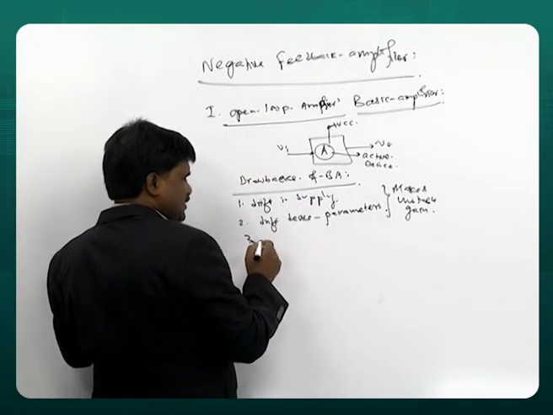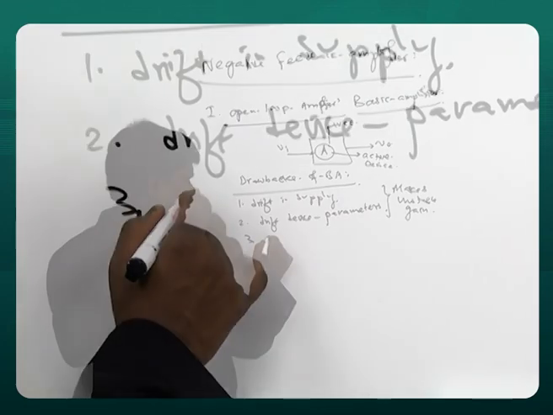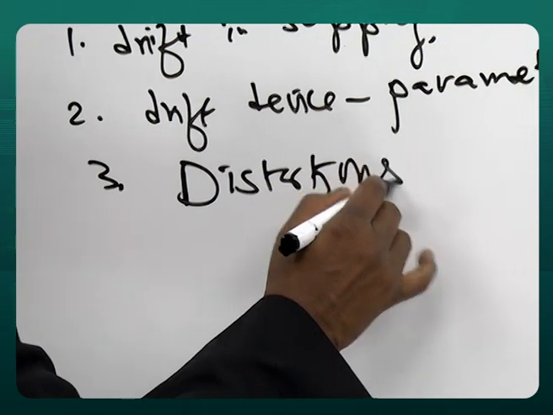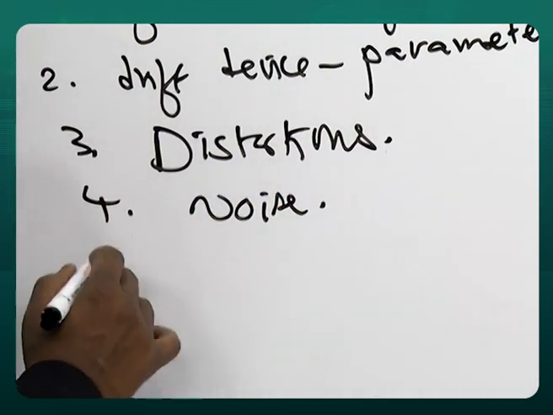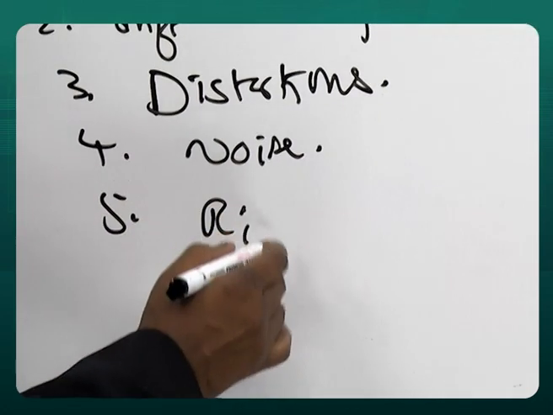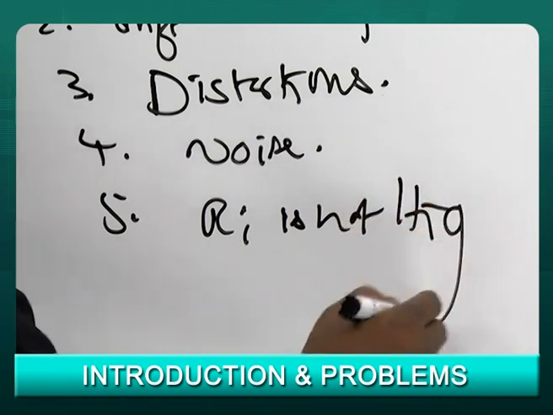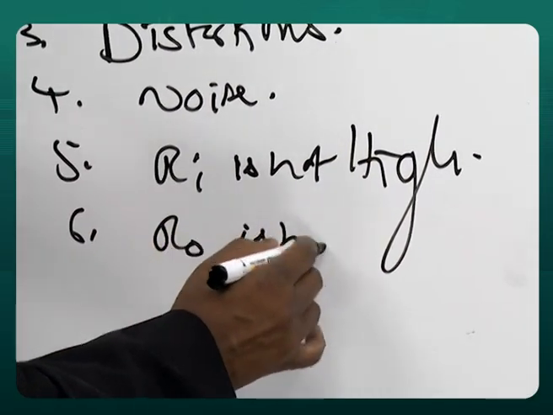Then the third one is distortions. The fourth one is noise. The fifth one is RI is not high. R0 is not low.